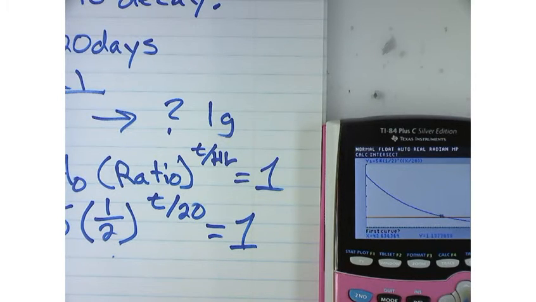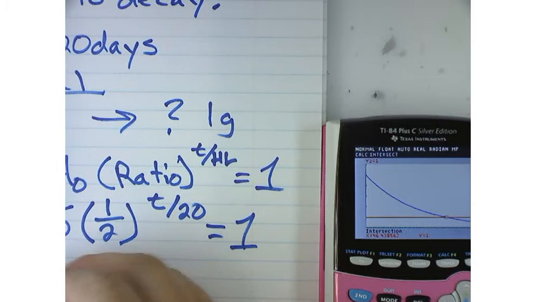So I'm just going to slide in there as close as I can and then hit enter. And then it'll say second curve, and I want to make sure that I'm as close as I can be on the second curve. Hit enter. Then it says guess, and I think it's somewhere in there. I don't know. I can't see. All right, so I'm going to hit enter. And it says that the intersection appears to occur at 46.43.